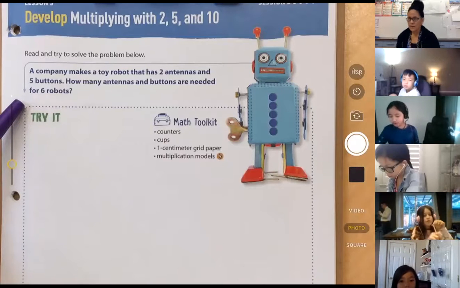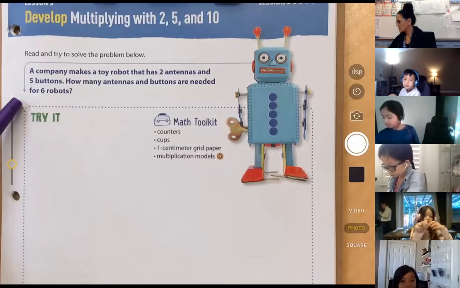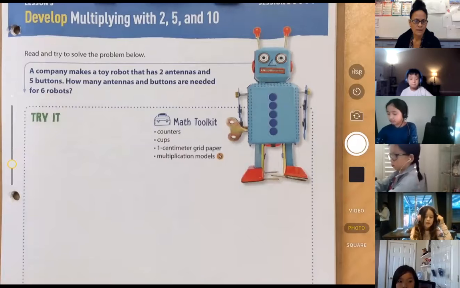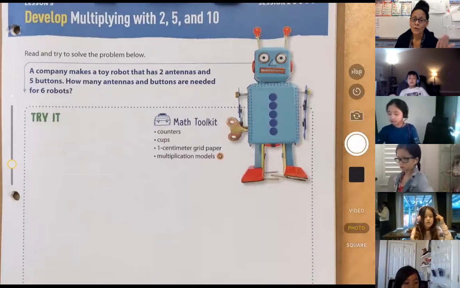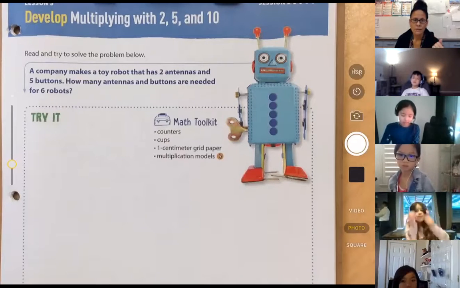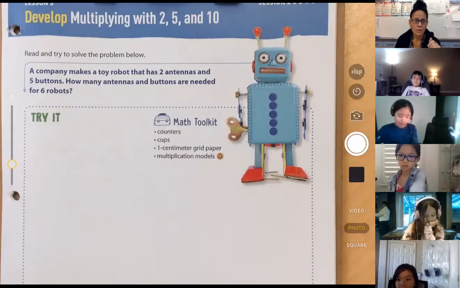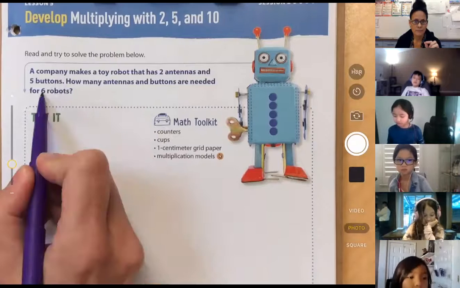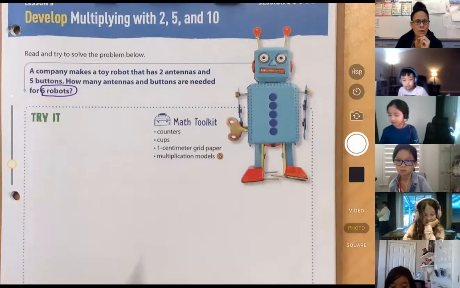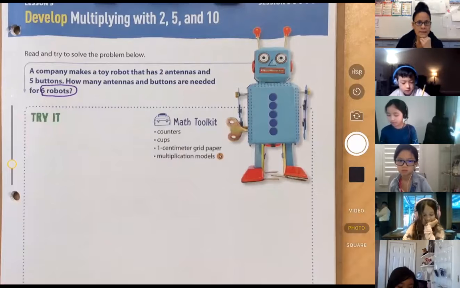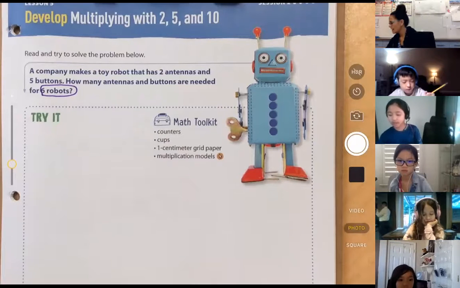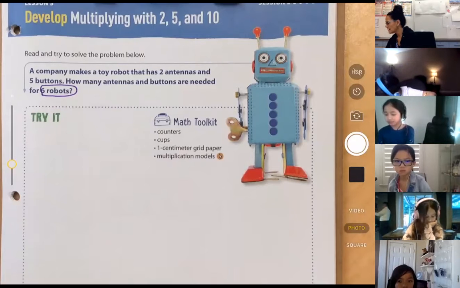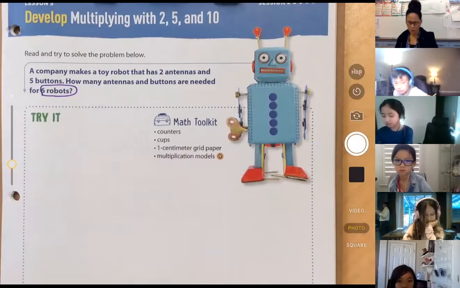The first important piece is that you need 6 robots or groups, and each of those robots has 5 buttons and 2 antennas. What it's asking you is how many antennas and buttons. 2 antennas and 5 buttons for each robot.